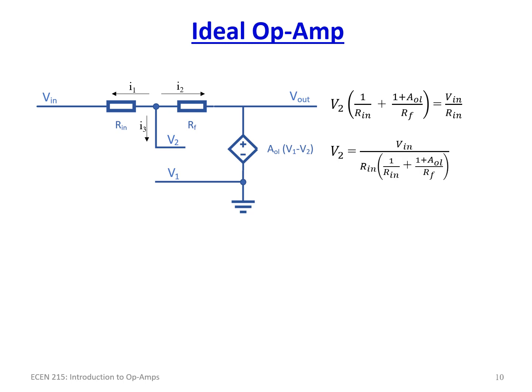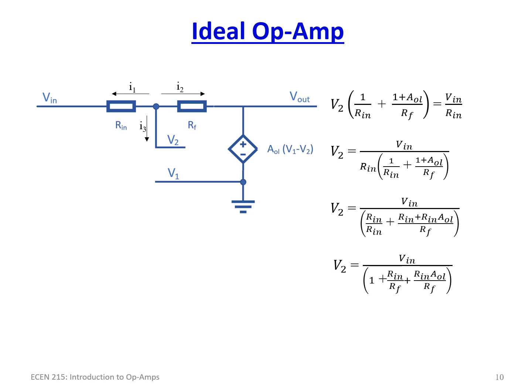Repeating the formula here, V2 is equal to Vn over Rn, because we are now multiplying this Rn times this value. Simplifying, we end up with V2 equal to Vn times 1 plus Rn over Rf plus Rn AOL Rf.